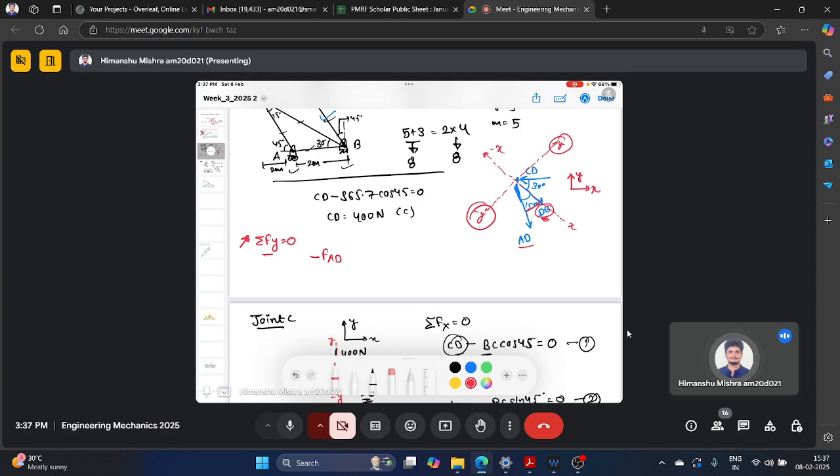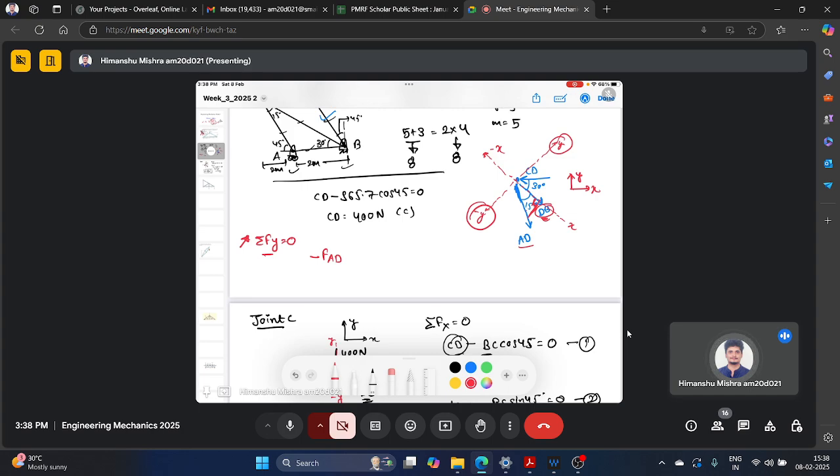You can make a triangle here, and you can actually see the component of force along the y direction for AD.